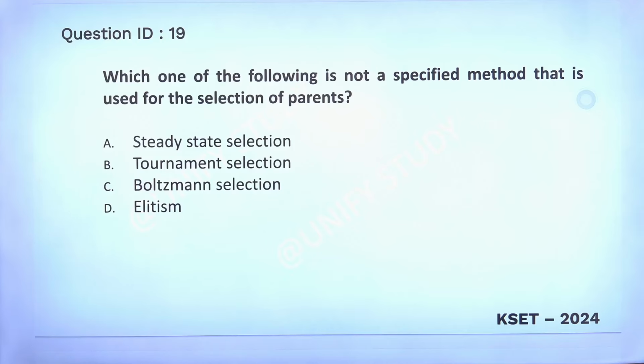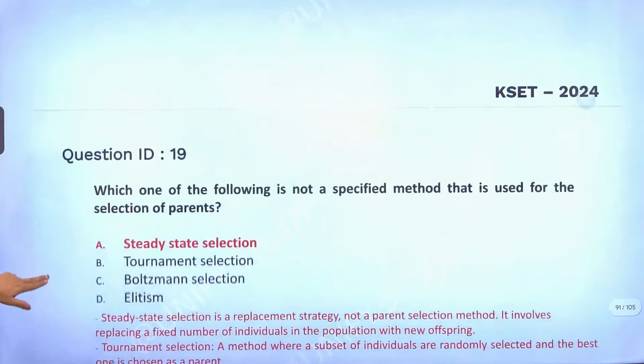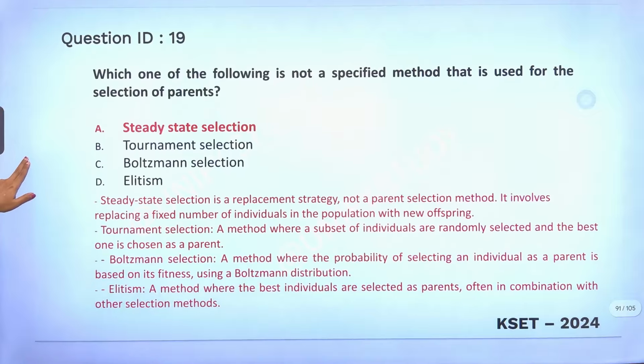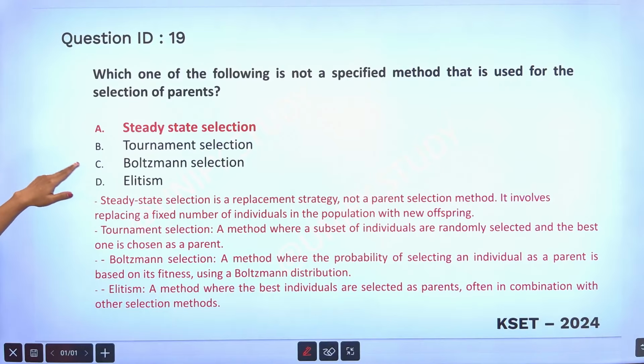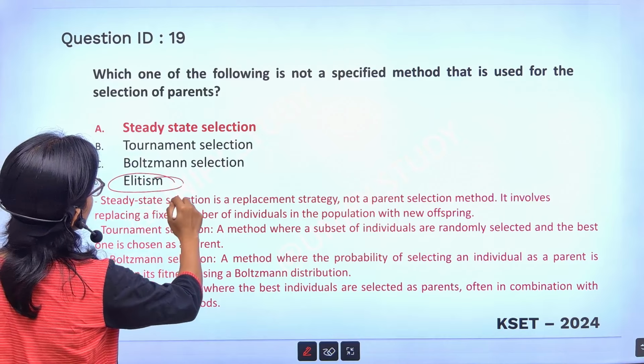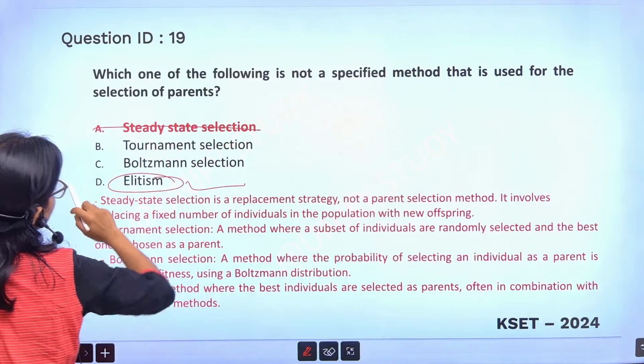Which of the following is not a specified method that is used for selection of parent? Yesterday only we have learned that. Here I think the answer is wrong. Here the answer will be this one. Yesterday only we did it. This is the answer, this is not the answer.